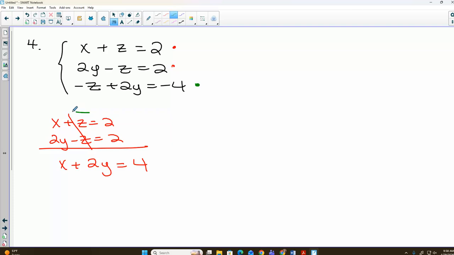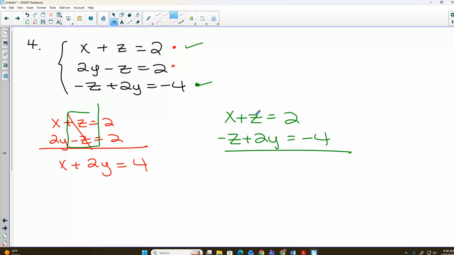I just eliminated z, so I need to eliminate z again. So maybe I put it with the first one. So the first one was x plus z equals 2. This one I have negative z plus 2y equals -4. When you add, you're adding like terms. A positive z and a negative z would cancel. So I get x plus 2y equals -2.